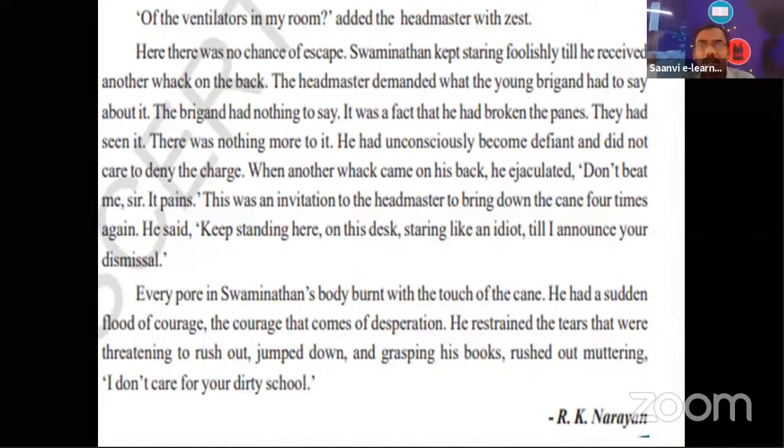But he didn't do that. Swaminathan is not able to defend his stand, and did not care to deny the charge. He doesn't want to refuse the charge, so he is going to accept that he had broken the panes of the ventilator.